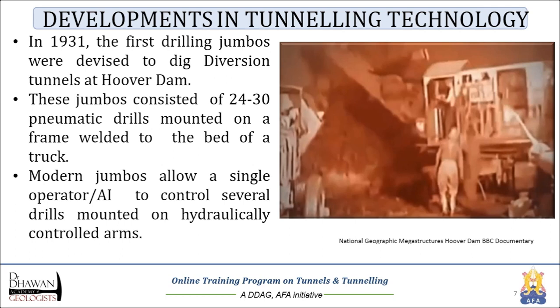These jumbos consisted of 24 to 30 pneumatic drills mounted on a frame welded to the bed of a truck. This innovation resulted in progress in tunneling at a record-breaking pace. Nowadays, modern jumbos allow a single operator or through artificial intelligence to control several drills mounted on hydraulically controlled arms.